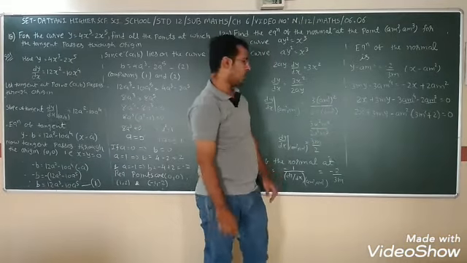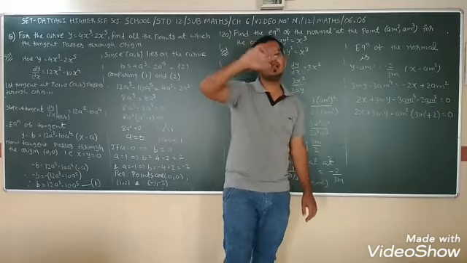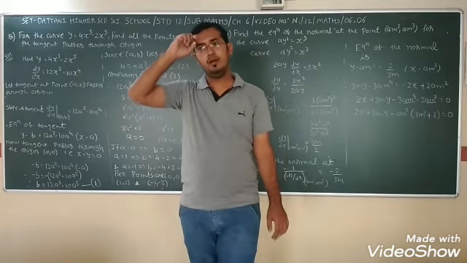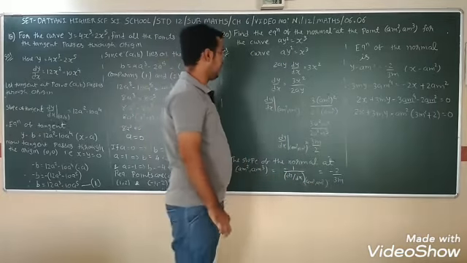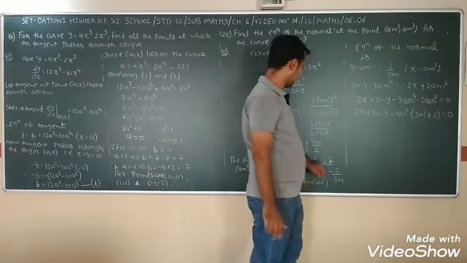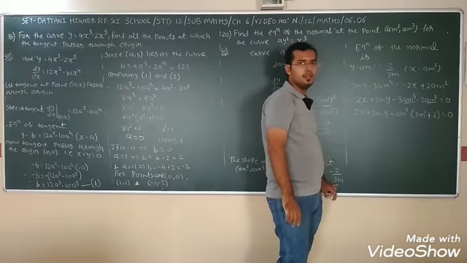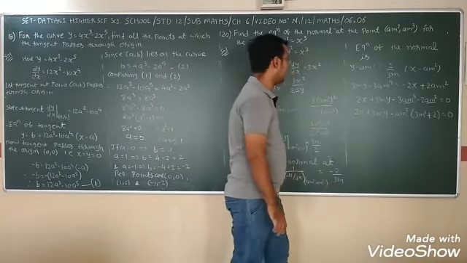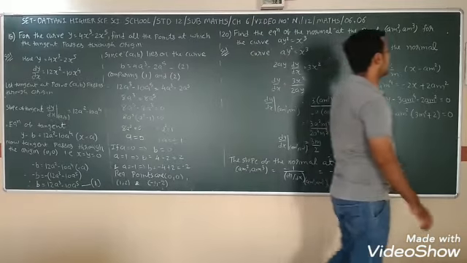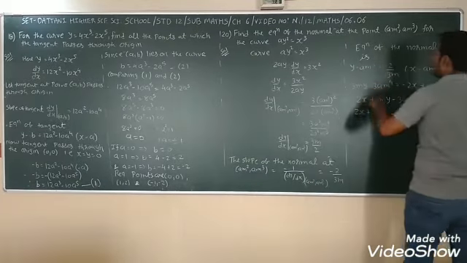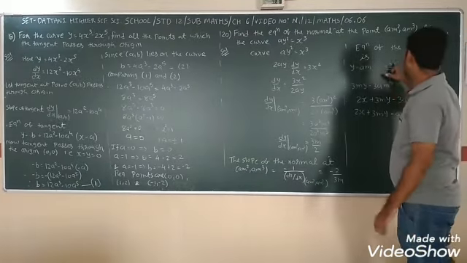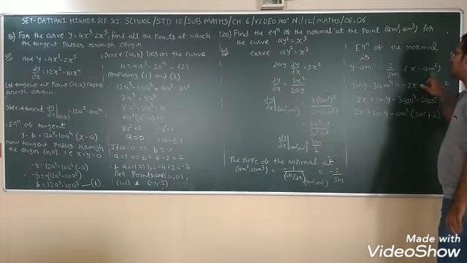So the slope of the normal, we know that the normal slope is the reciprocal and opposite. So we get the slope minus 2 by 3m. We have the slope and also the point, so we find the equation of the normal: y minus am cube is equal to minus 2 by 3m into x minus am square.